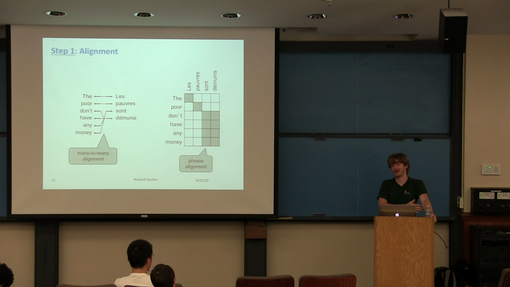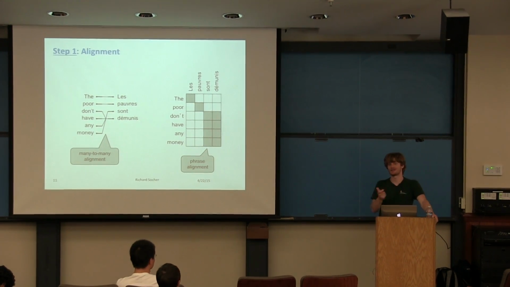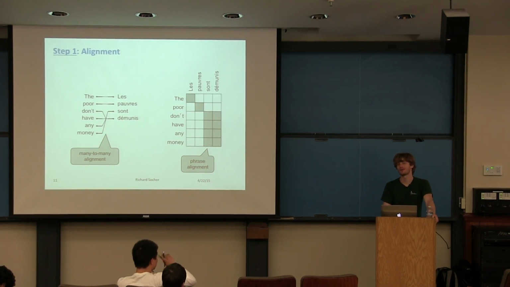However, you want to have as large of a corpus as possible. And in the end, most of the ones like the European Parliament, the Canadian Parliament, the United Nations, and so on, they're not in the business of translation, right? They just want to translate this as quickly as possible, so they're not asking all their translators to say exactly why they translated each sentence from the other language.